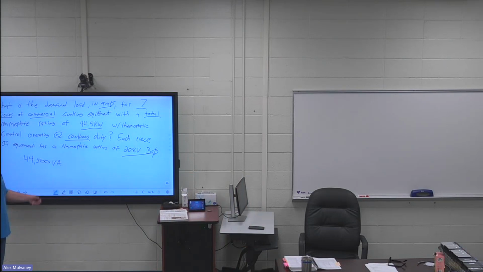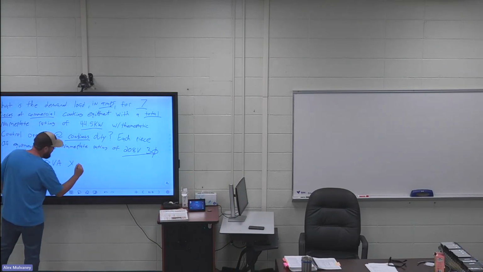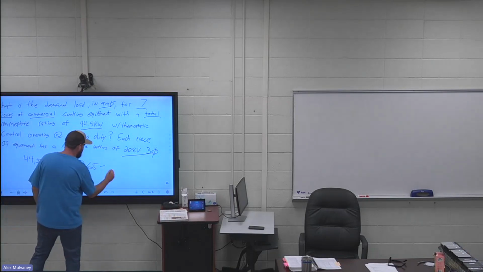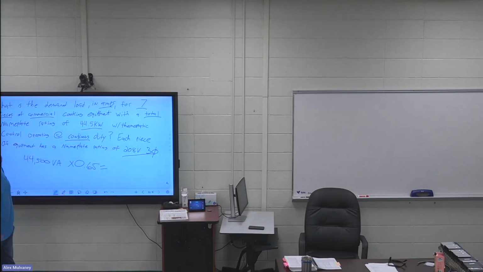Never does a bakery have all their ovens on, all their tables, everything operating at the same time. So what the National Electric Code is allowing is to take your total amount of usage and multiply that by 65%. Because if you have 7, that's a lot for one space. You're probably only using 65% of that. Does that make sense? That's why you have demand factors: how much demand do you actually have?